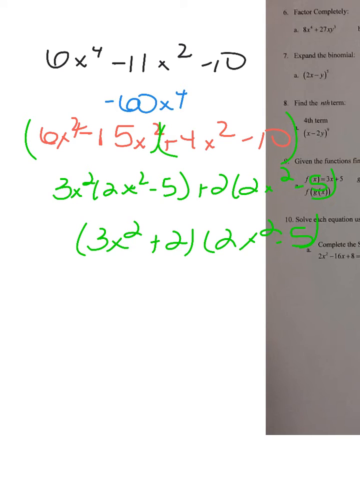Okay, so let's take a look at 6c. So 6c is 10x squared minus 5x minus 6x plus 3. And then we're going to group 4 terms.